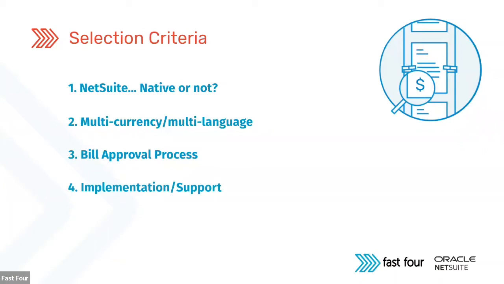And once it's implemented, how easy is it to support? A lot of customers don't ask this until we get to the end of it, and I think it's an important question for you to consider. So what questions have you had, Julie, when somebody's looking at that? And what questions should they have asked?